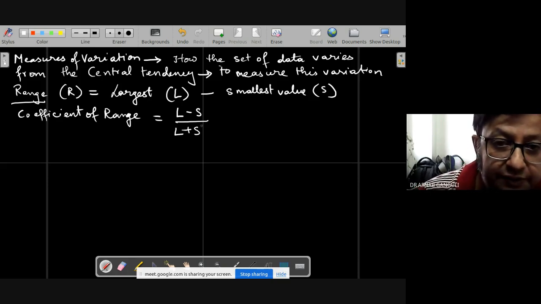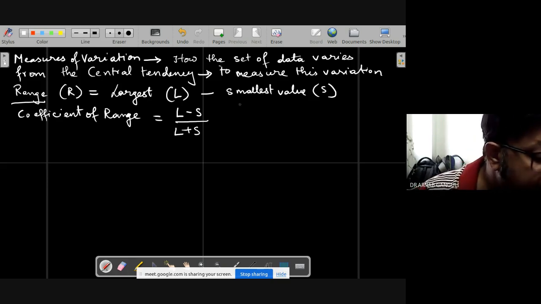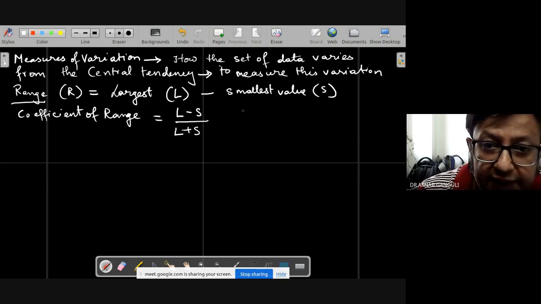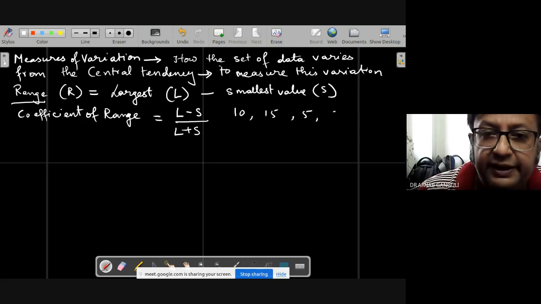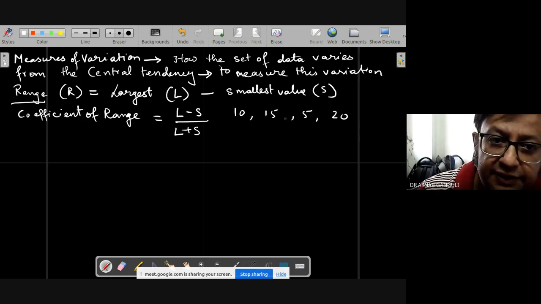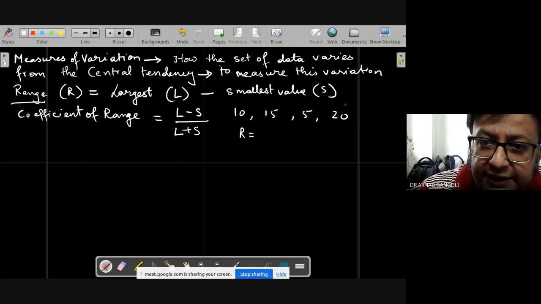So if you have data, say 10, 15, 5, 20, R will be equal to what? Which is the largest? 20. Which is the smallest? 5. That is 15.